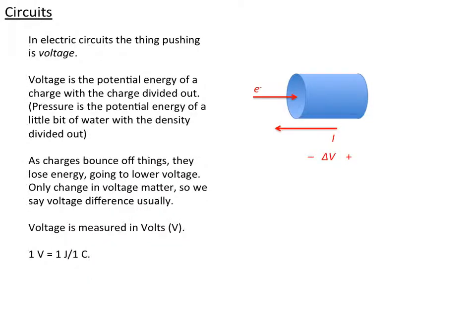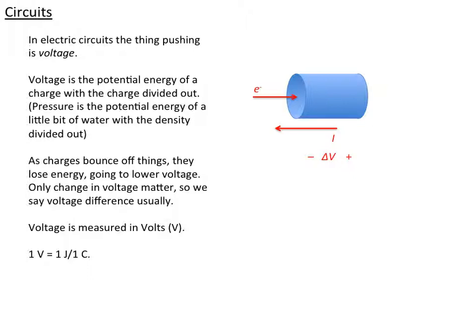Now, the other thing to have in our circuit is what's doing the pushing, and for that we use voltage. The voltage is defined as the potential energy of a charge divided by how much charge is in your particle.